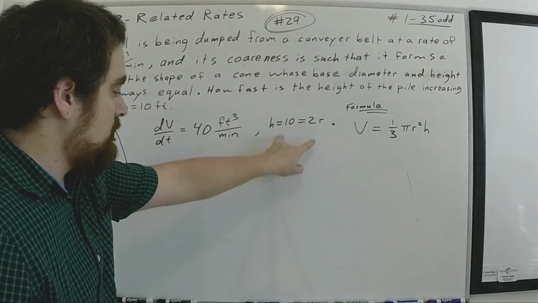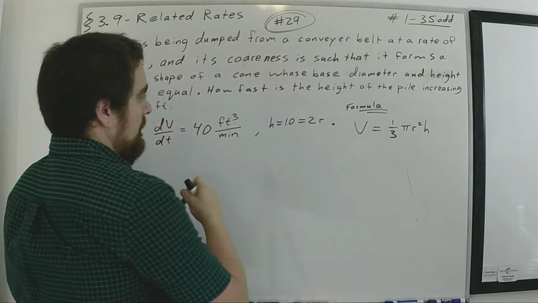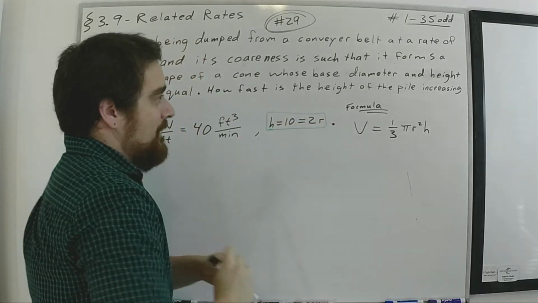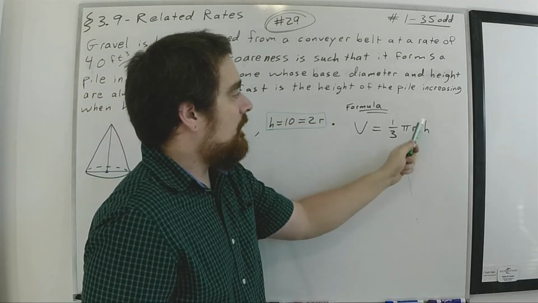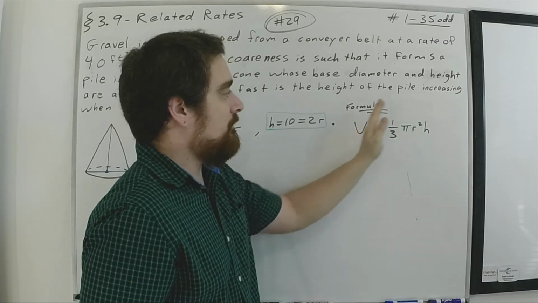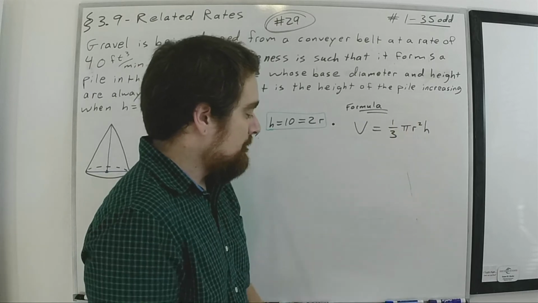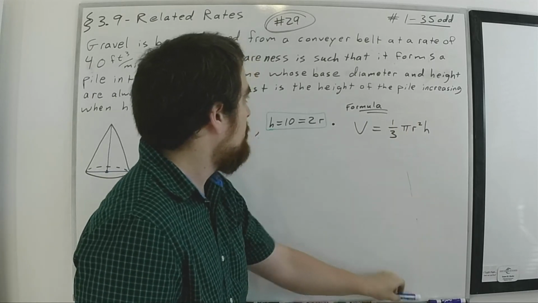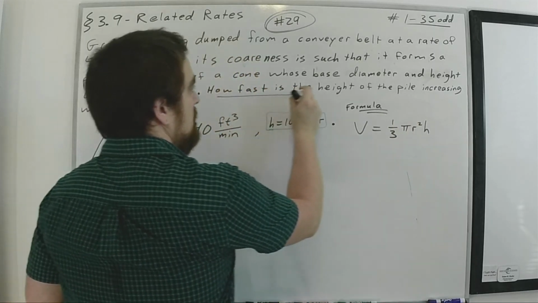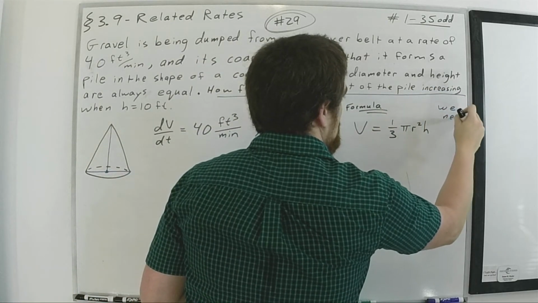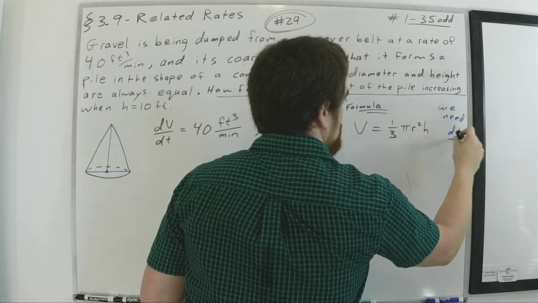So what I'm going to do is I'm going to use this to my benefit. h is exactly 2r. Now before you go writing h as 2r and getting a volume in terms of only the radius, think about what you need in the end. Our goal is to look for how fast is the height of the pile increasing. So we need dh dt.